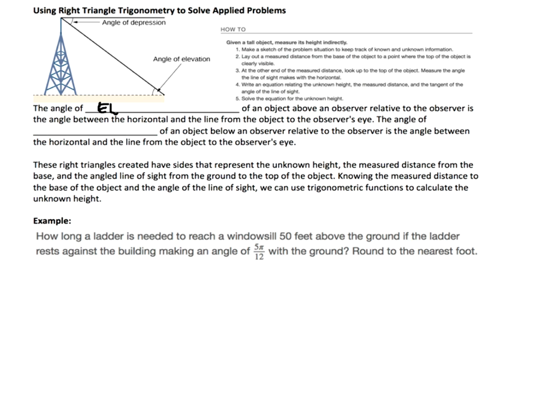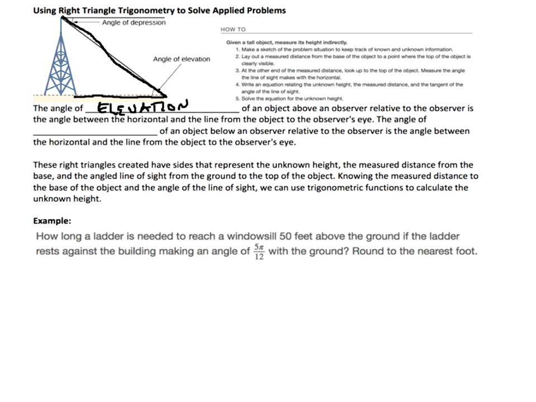The angle of elevation of an object above an observer relative to the observer is the angle between the horizontal and the line from the observer's eye to the object. Line is used very loosely there with me trying to draw it. Use your imagination on that.